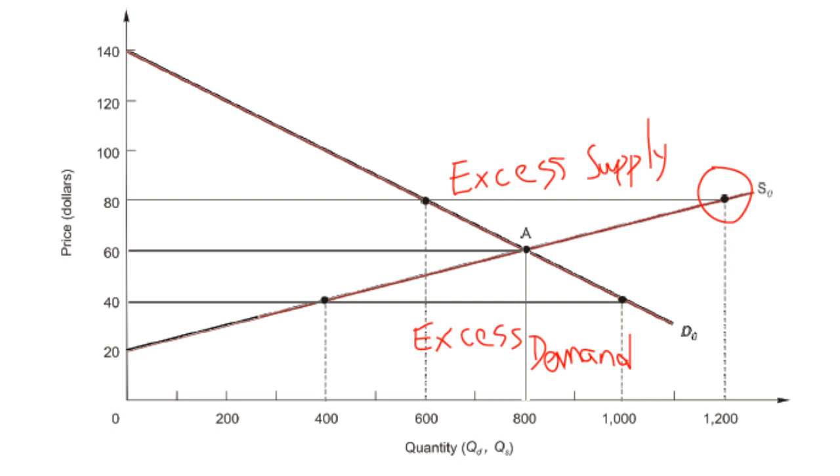At that price, producers are willing to produce 1,200 units, but consumers only want, at that price, only 600 units demanded. So some of the producers fall out of the market.